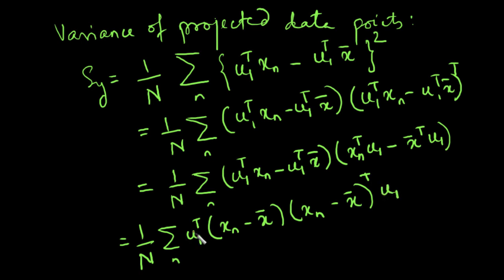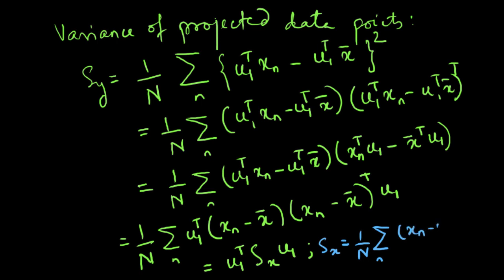Now because u1 transpose and u1 do not depend on small n, we can take them outside of the summation and write this as u1 transpose Sx times u1, where Sx is equal to 1 by capital N summation over n xn minus x bar into xn minus x bar transpose.